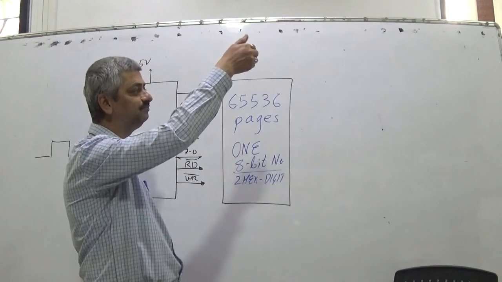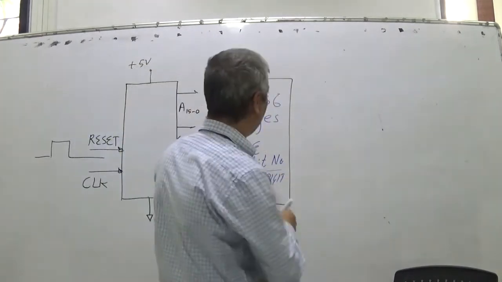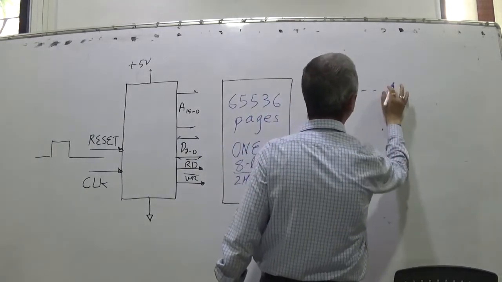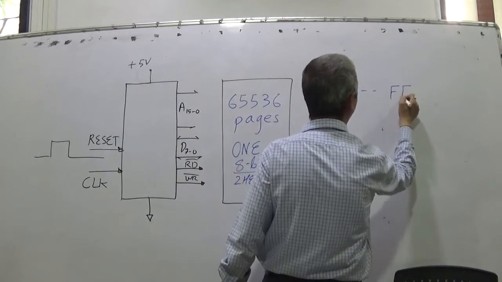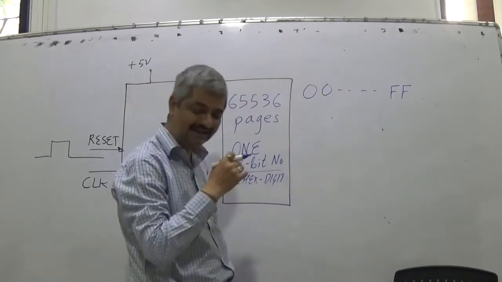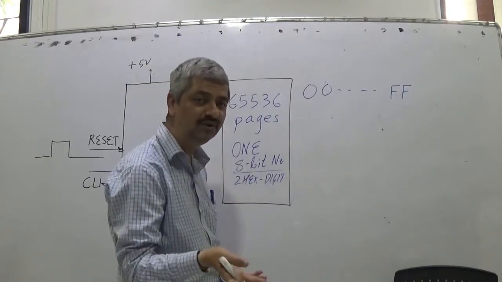So 1 out of 256 combinations, from 00 till FF, each combination tells me what to do.